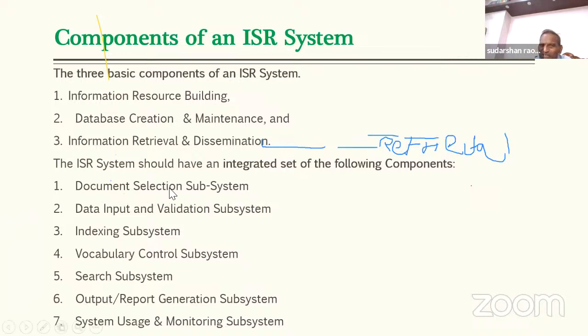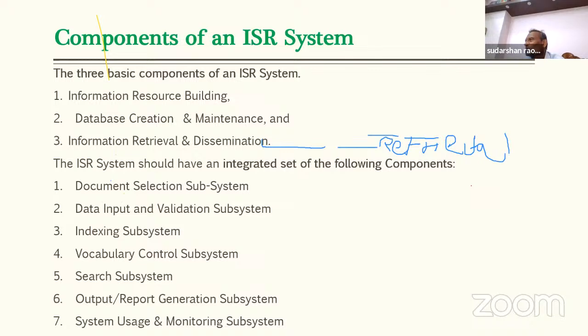So document selection is one element, one subsystem. Data input and validation, checking how correct it is, is another. Then the indexing subsystem. You are going to index the documents you have selected for your institutional library. Indexing is done only for micro documents, maybe journal articles, reports, conference papers. Normally classification we do for the bigger books, macro documents.